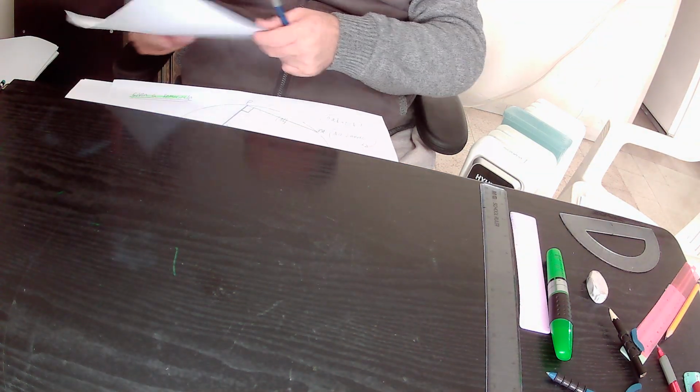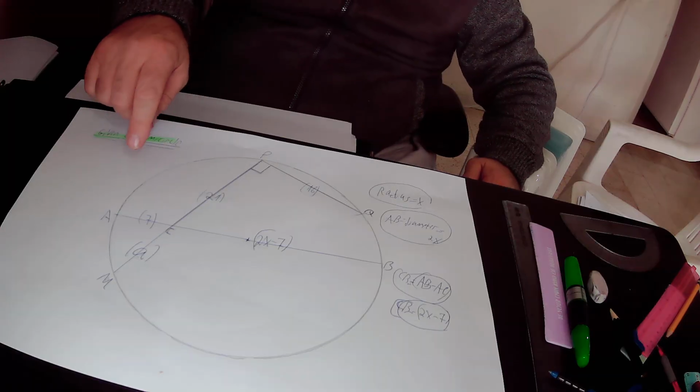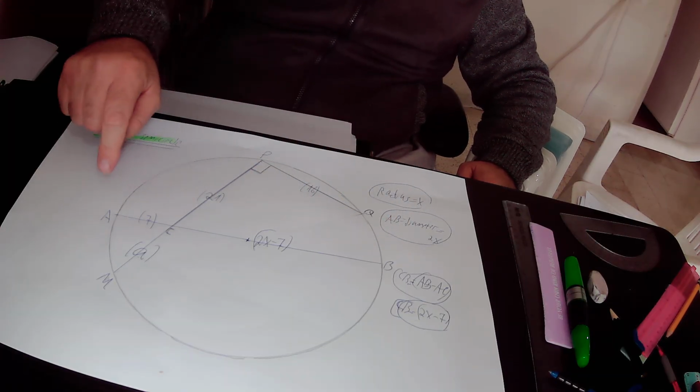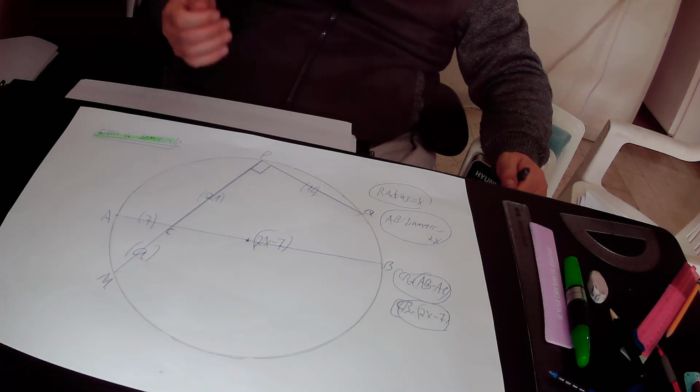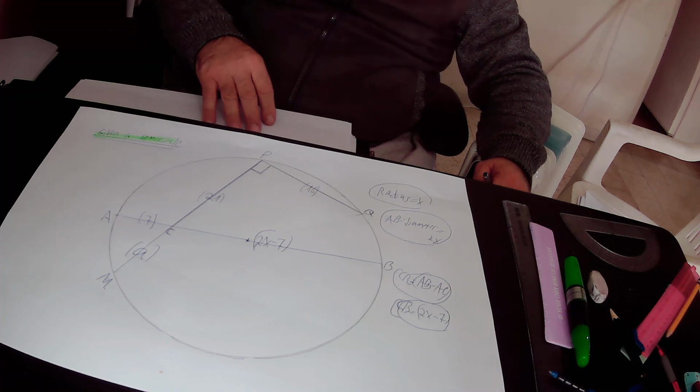So I can implement rule 65 in our drawing, because we have chord AB that intersects with chord PM at point C. All the requirements for rule 65 are satisfied, and therefore we can implement it here.